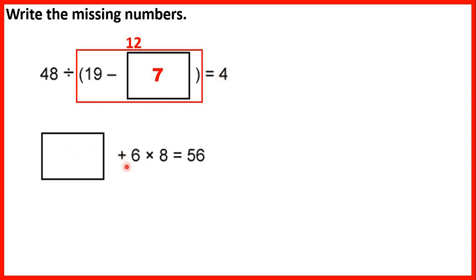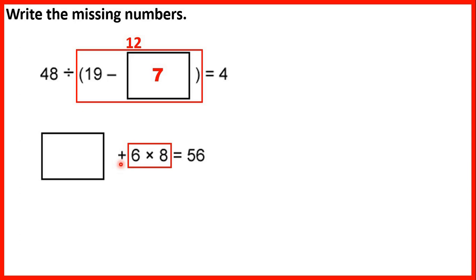Now something plus 6 times 8 equals 56. So here we have mixed operations. In this calculation we have addition and multiplication, and we always do multiplication before we do addition.